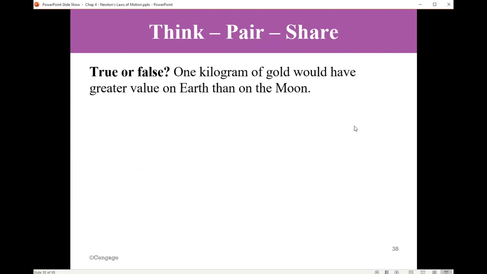1 kilogram of gold would have a greater value on Earth than on the Moon. What would you say? Diego? Any suggestion?